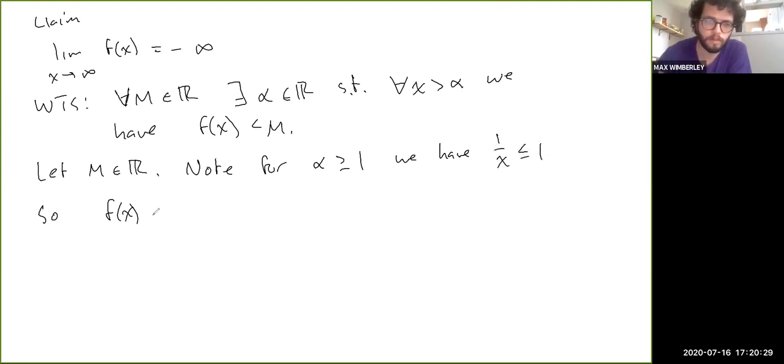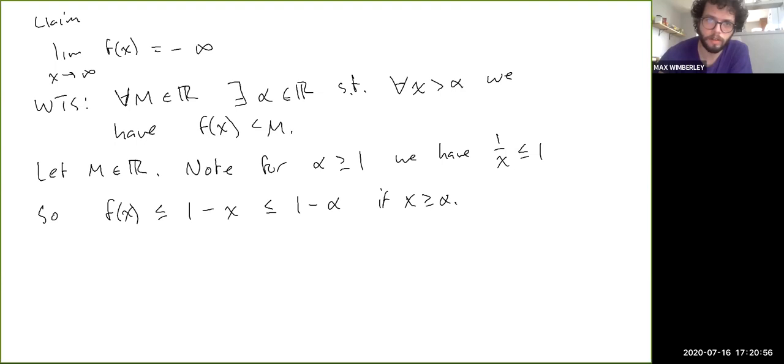So f of x is less than or equal to 1 minus x, which is less than or equal to 1 minus alpha if x is greater than or equal to alpha.